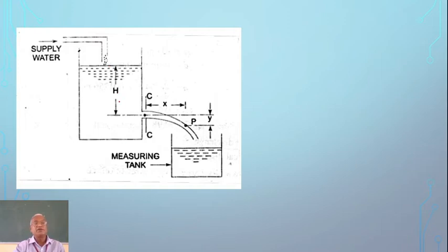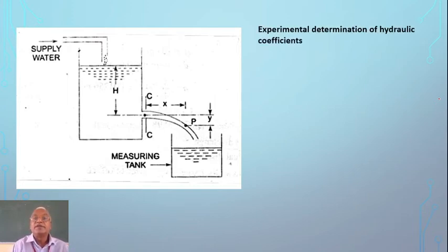Supply of water is continuously made into a tank so that there is no change as far as H is concerned, the center of the orifice. This arrangement is to calculate hydraulic coefficients. We'll see experimental determination of hydraulic coefficients. You've got a big tank in which the head over the orifice is held constant by supplying extra discharge.